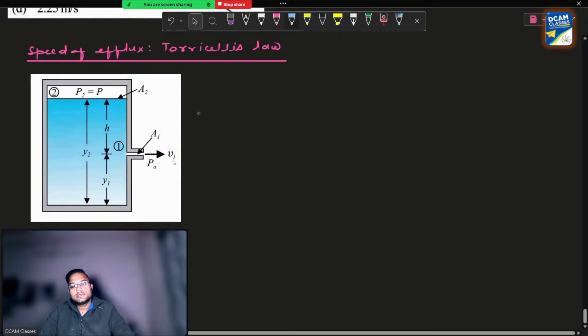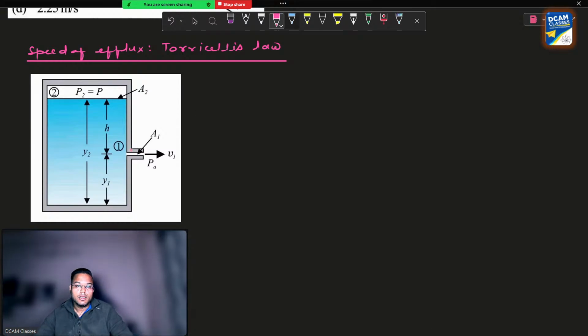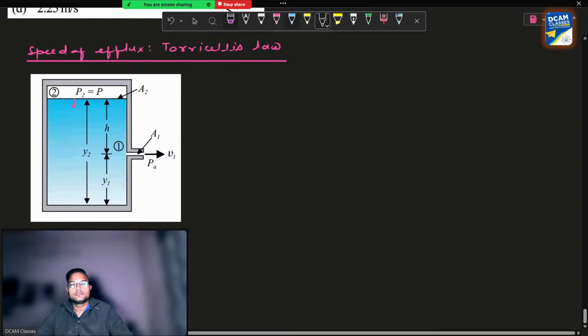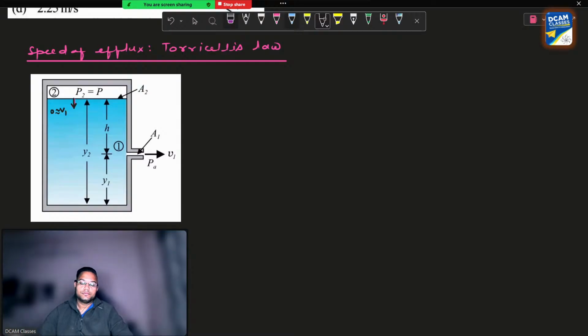What's our task? Our task is to find this velocity v1 coming out of the hole, which is known as the speed of efflux. And what's our assumption? Our assumption is that this velocity, v2, is approximately equal to 0.